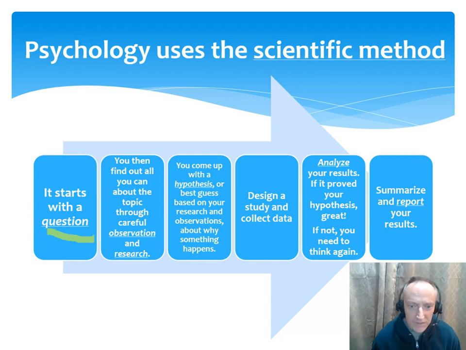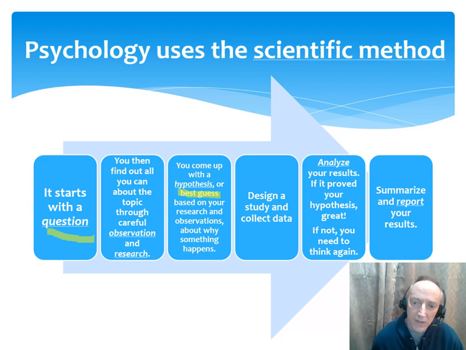And then based on the existing data, the next step is to come up with a hypothesis. What is the best guess you have about why something is happening? And then you design a study and collect data that will help you answer your question.